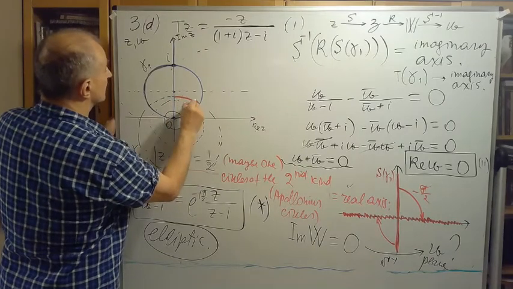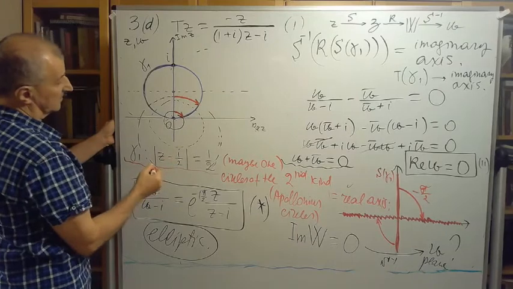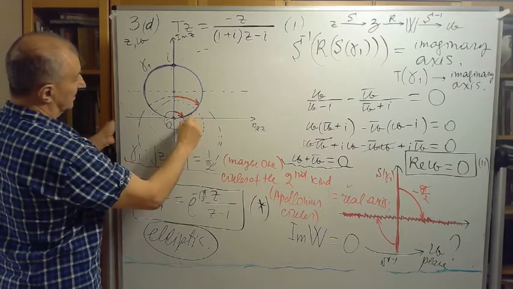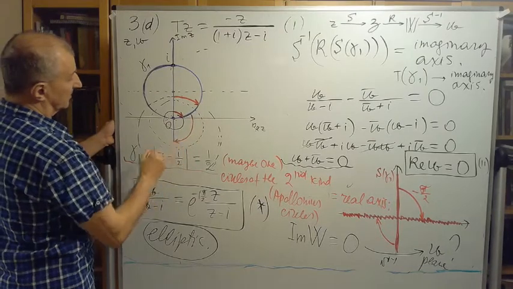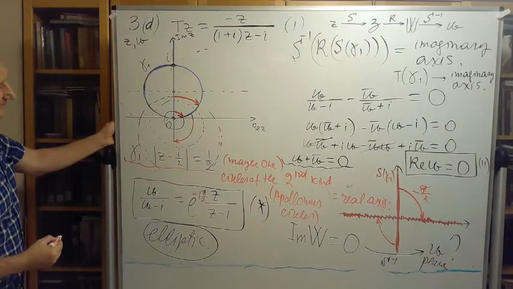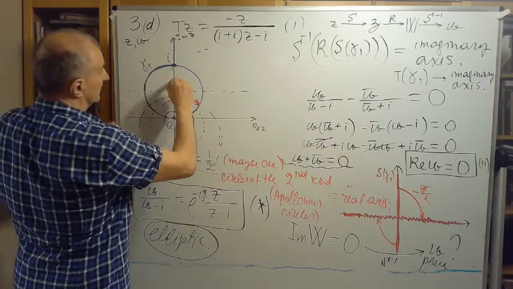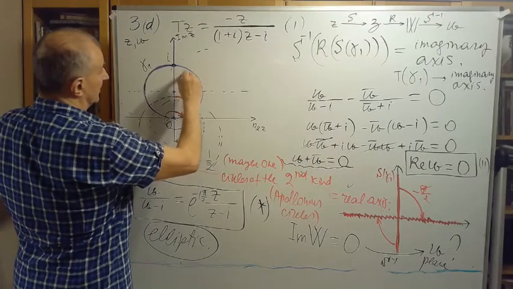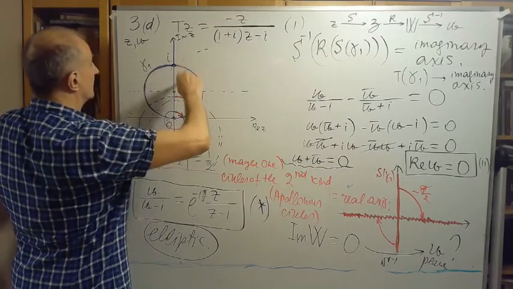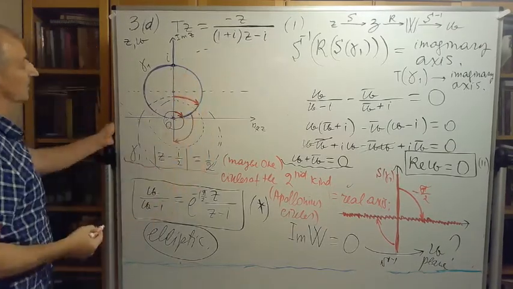Rotation in the negative direction, something like this. Something like this along another circle. And what about here? I think it will go something like this from, oh no, the other way around.